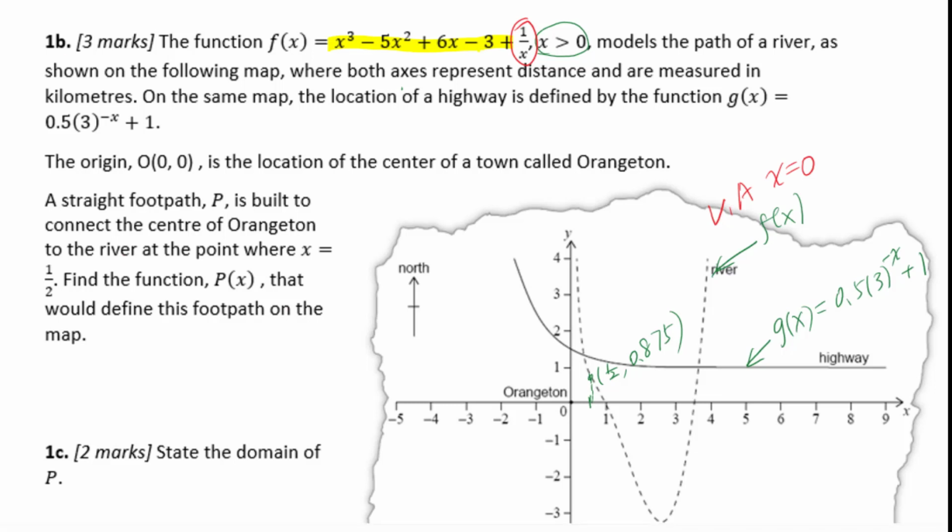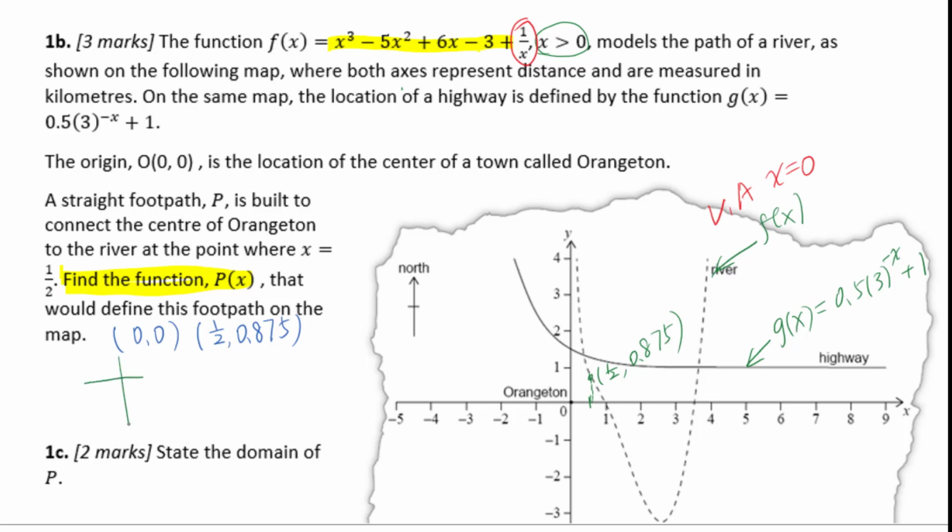So we're looking for the function P passing through the origin and 1 over 2, 0.875. We want to use stat to figure out this linear function. Let's label x, y: 0, 0, 1 over 2, 0.875.